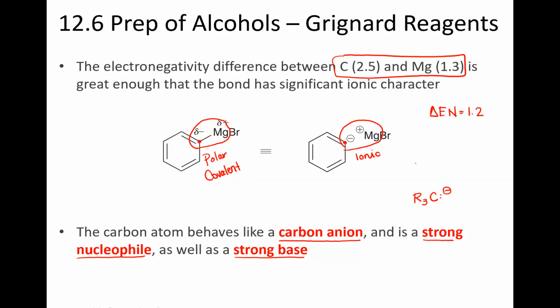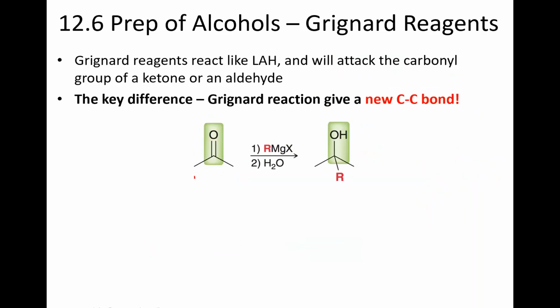So it would require an extremely strong base to deprotonate a hydrogen attached to an sp3 hybridized carbon, because the pKa of this type of proton is approximately 50, which means it's the weakest acid you can possibly have.